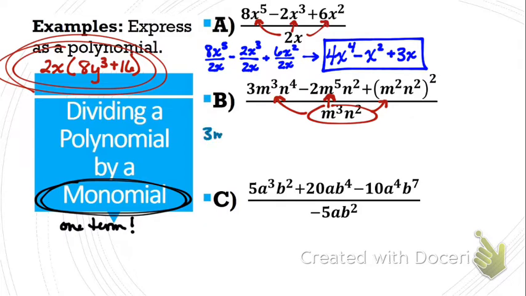So 3m cubed n to the 4th over m cubed n squared minus 2m to the 5th n squared over m cubed n squared plus, and before I write down this last numerator, I'm going to go ahead and simplify that before I put it over my denominator. m squared n squared, whole thing to the 2nd power, which means what?